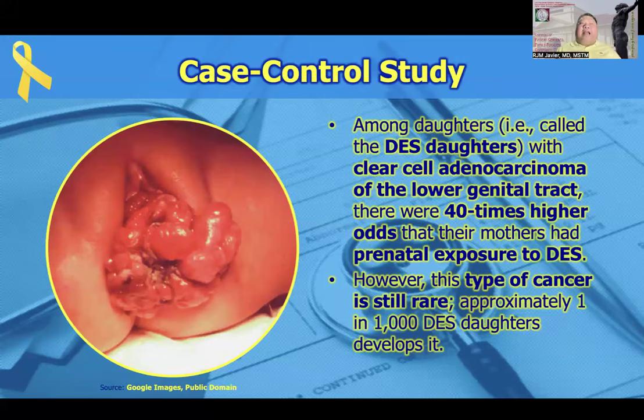So let me look into the way the epidemiologists concluded their findings. In a case control study, they begin with the presence or absence of clear cell carcinoma among the DES daughters.